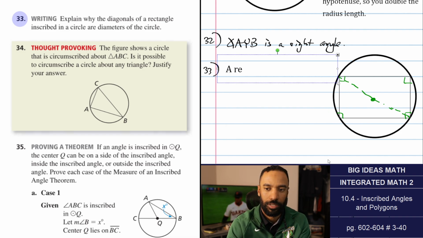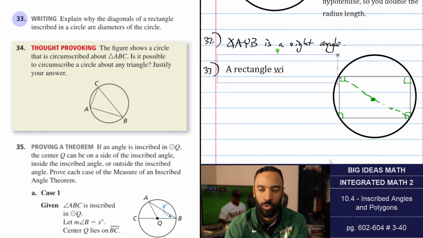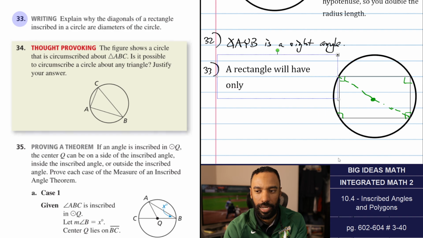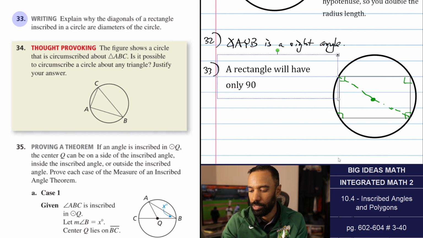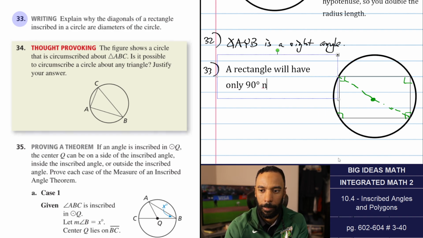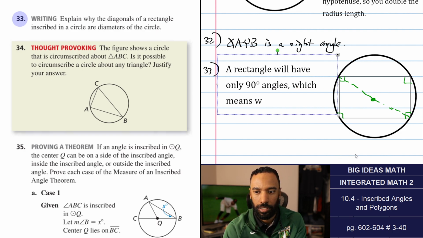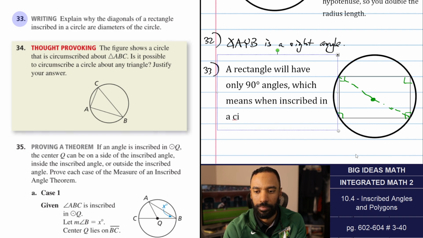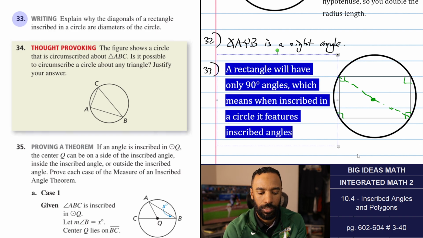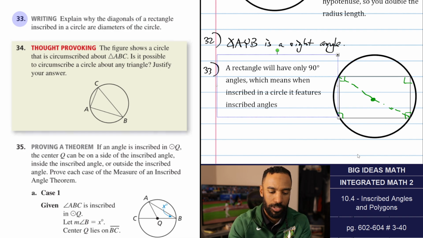A rectangle will have only 90-degree angles, which means when inscribed in a circle, it features inscribed angles of 90-degree measures.